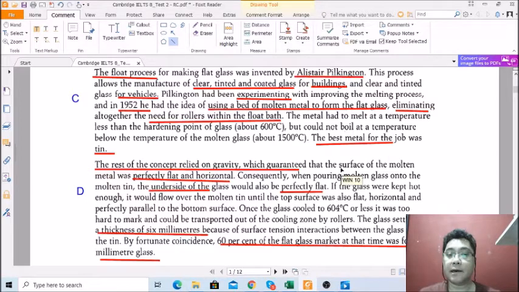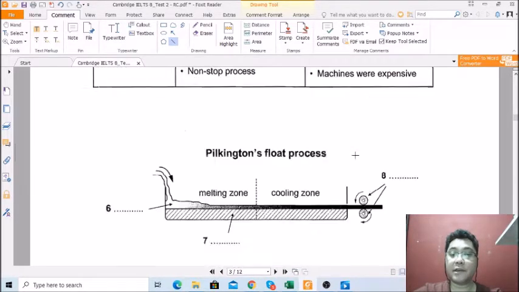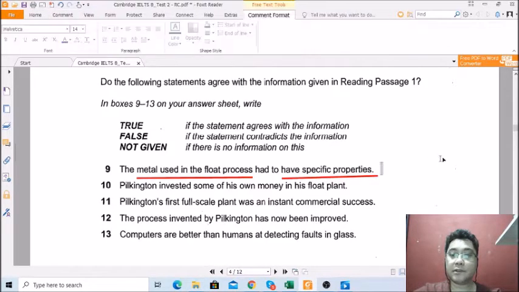By reading this, we understand that it has several special properties that we need to fulfill, and therefore the information is in line, and that makes the answer here true.